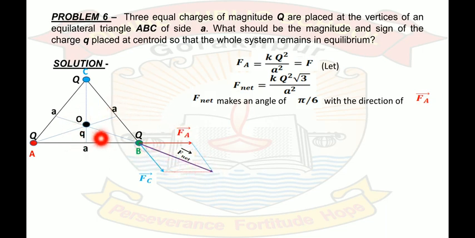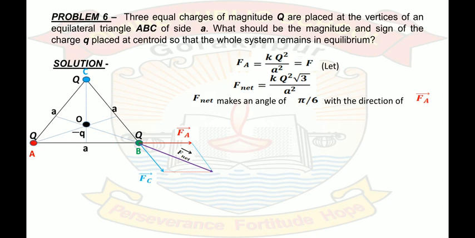If q is positive, then it will exert a force in the same direction as the F net. And if it is negative, then it will attract the plus Q. Force will be towards itself. So small q must be negative, so that the force will act towards itself. And in that case, we have a possibility that this force is equal to F net and net force becomes 0. So from the analysis, we come to know that q must be negative.